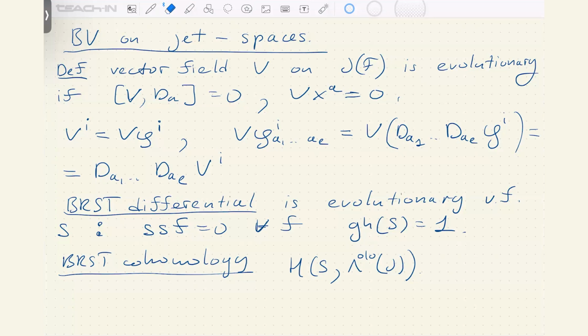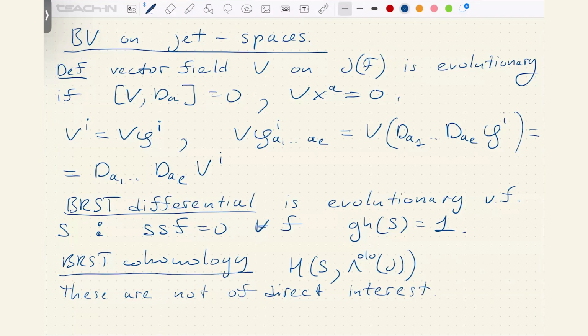Because as I mentioned before, the really important ones are local BRST cohomology. So these are still useful, but these are not of direct interest. They appear in computations, but physical quantities like, for instance, vertices, symmetries, conservation laws, they are described by local BRST cohomology, not of just BRST cohomology.